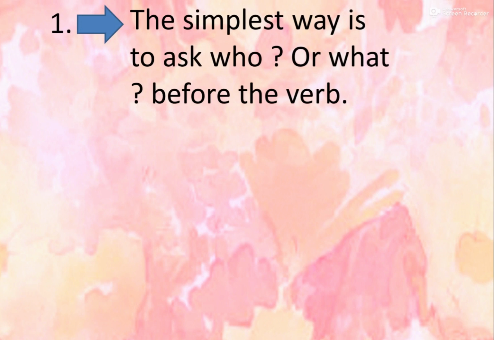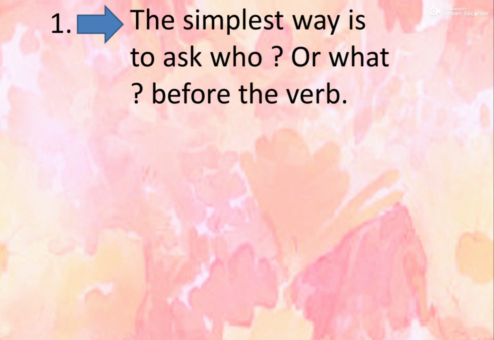First, the simplest way is to ask who or what before the verb. So what is the simplest way? That is to ask who or what. Just now in the previous examples we were doing that only. I was asking you all, isn't it?